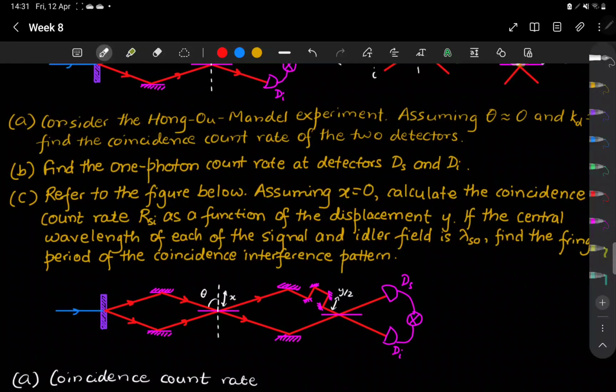The next part is pertaining to this setup, and this setup is used in what is known as quantum lithography.